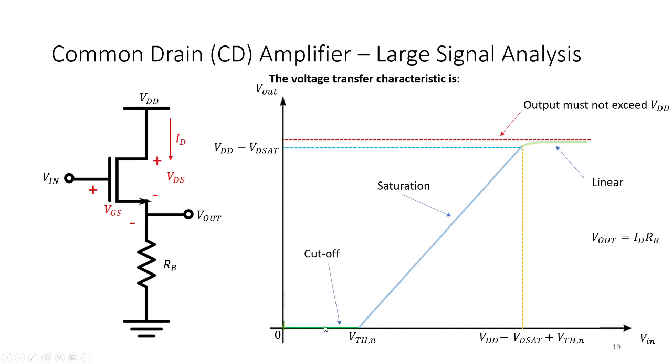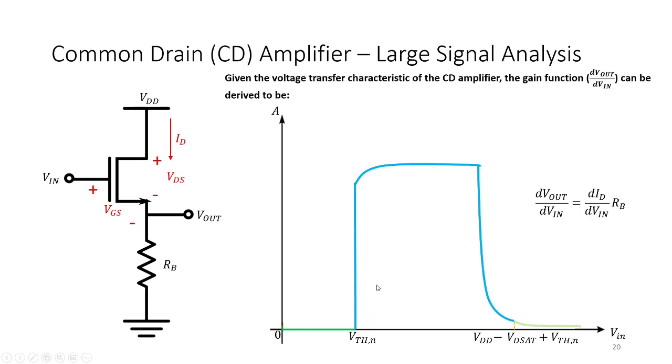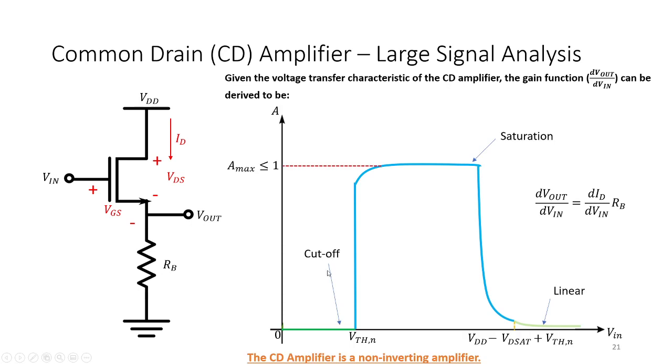If we find the gain characteristic of this, we will get something like this. The common drain amplifier has a gain characteristic like this. Remember, in cutoff nothing changes, so it has 0 gain. Then the linear side is almost 0, very, very low, and we have a max.